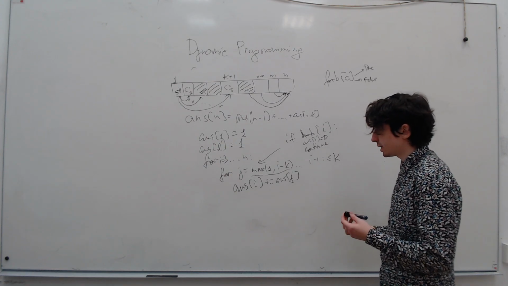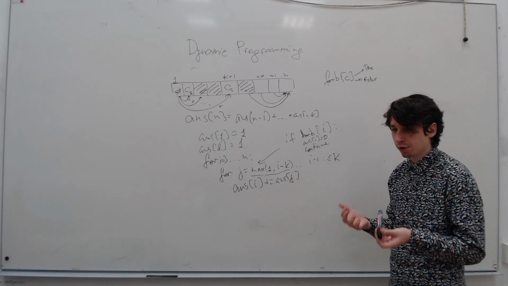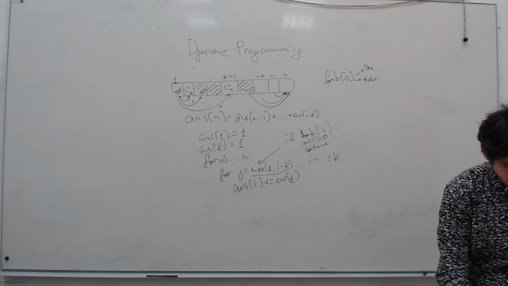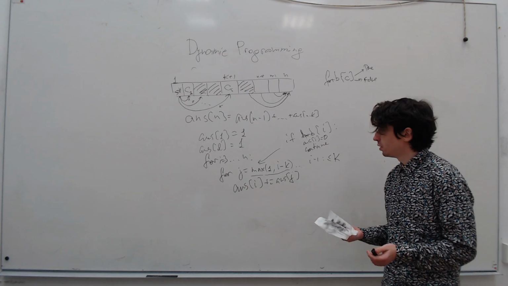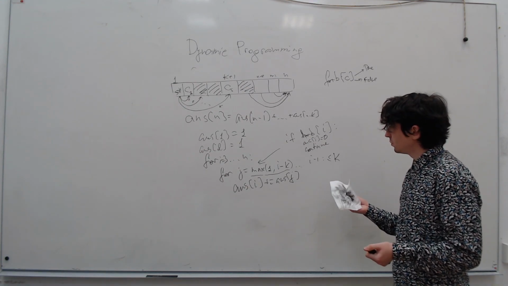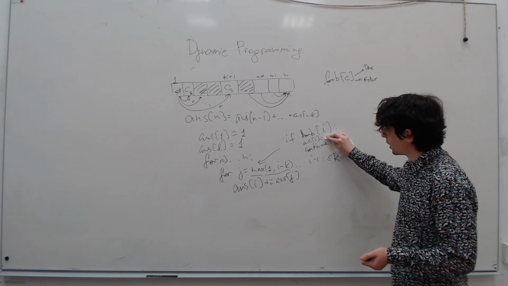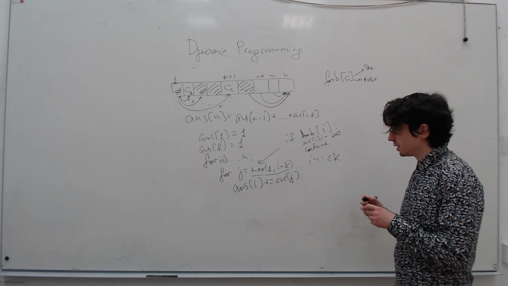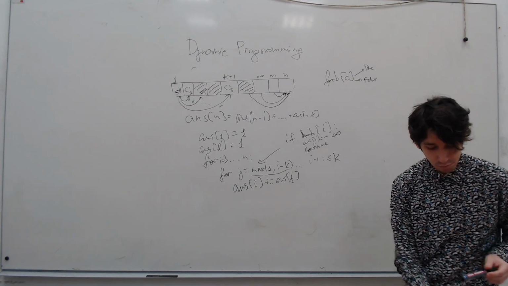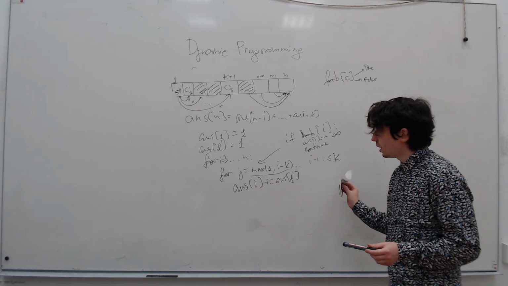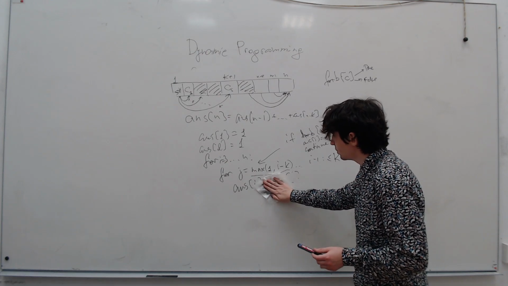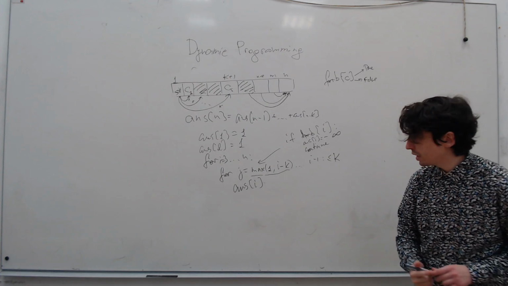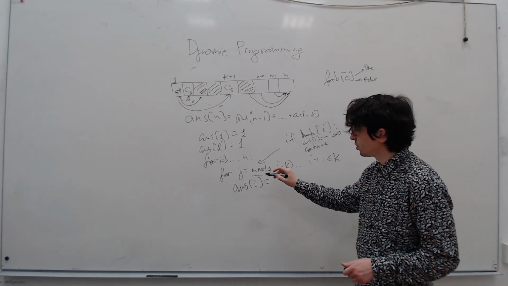It is exactly the same, but right now we should calculate the maximum instead of the sum. If the element is forbidden, then we set it to minus infinity.